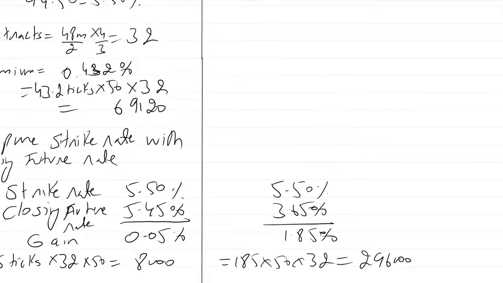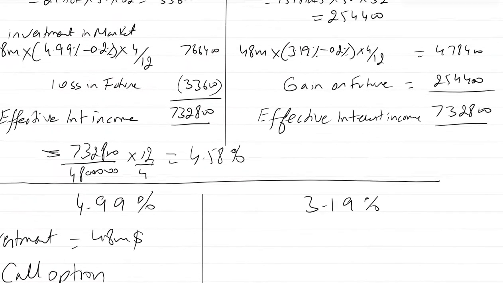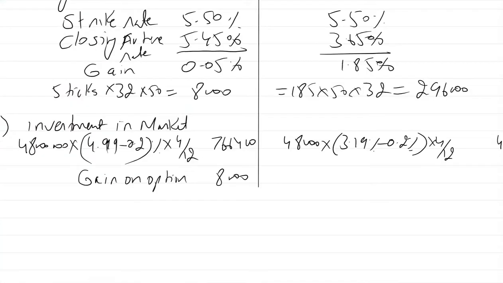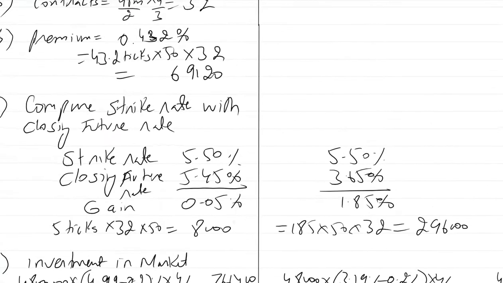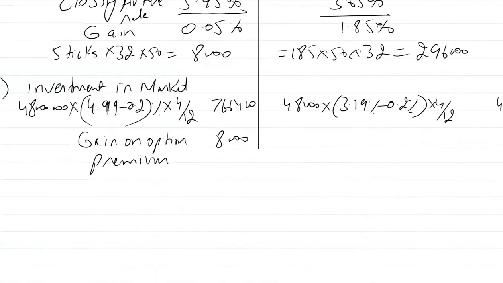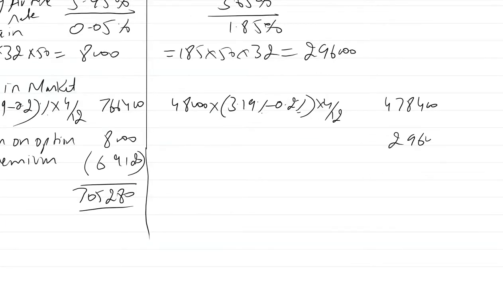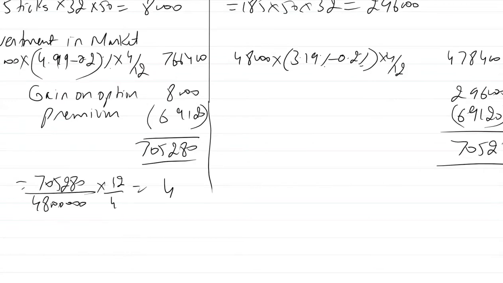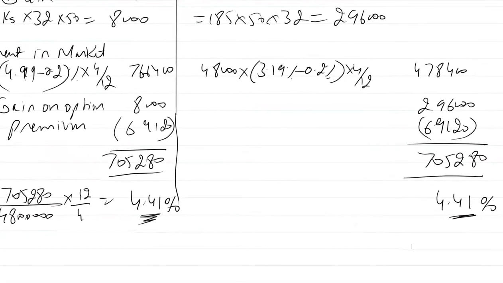And this will be, copy this from the above, 478,400. Premium will be 69,120. Gain is 296,000. The effective cost will be 4.41%. So in option contract, answer is 4.41%.